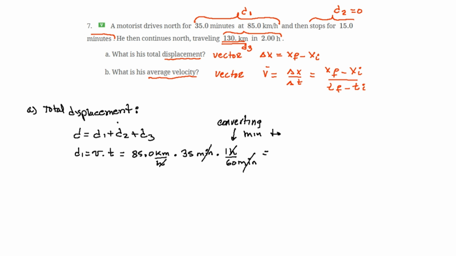So what is d sub 1 then? We get that d sub 1 would be, when we do these calculations, 49.58, so 49.6 kilometers.